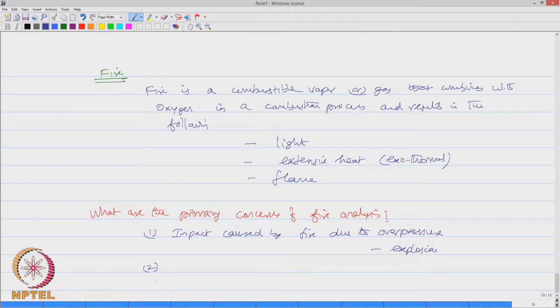The second could be the effect of material characteristics at elevated temperature, which we also discussed in the last set of lectures.